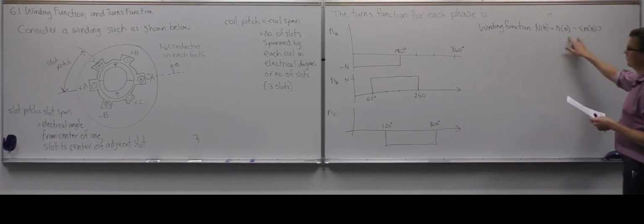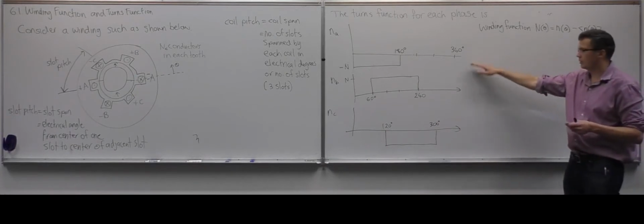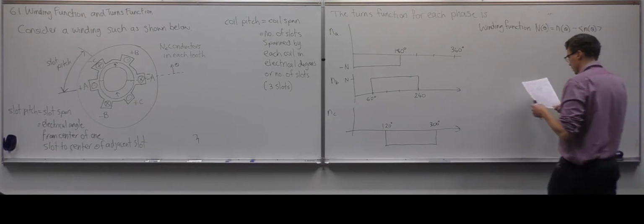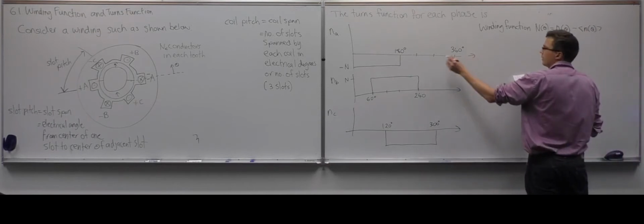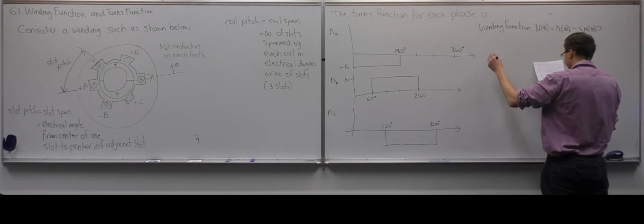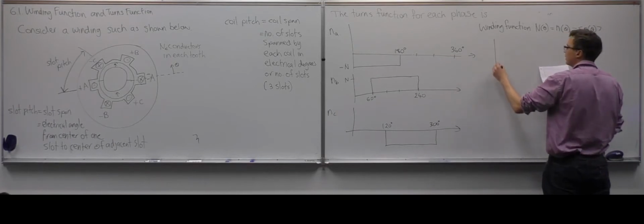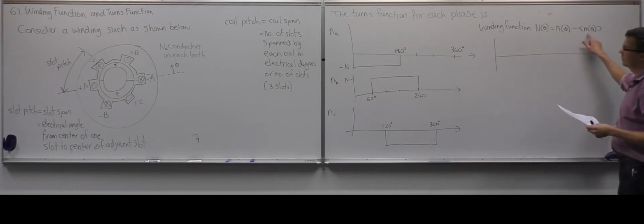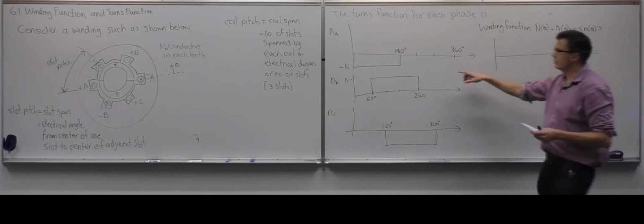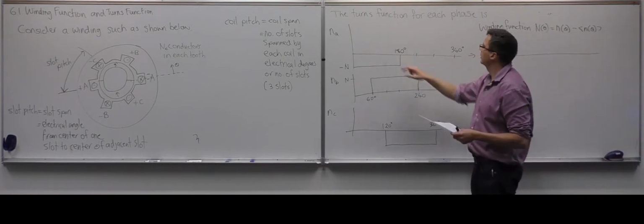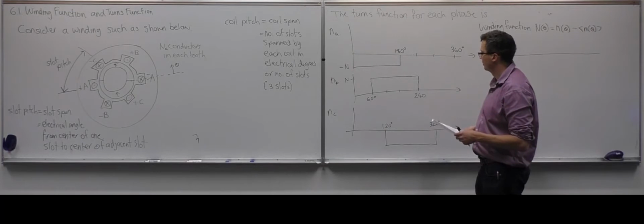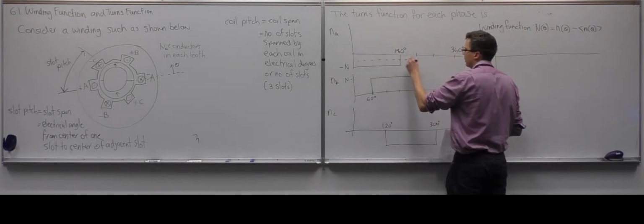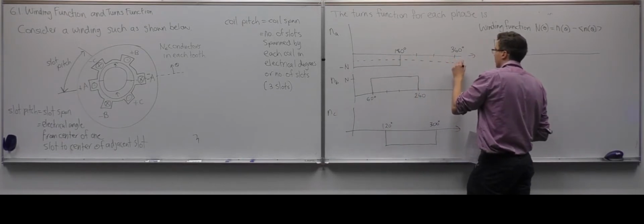So then with this definition, we can look at the three turns functions for the three phases and determine the winding function. So for the A, B, and C, we just have to subtract the average of the turns function. So what is the average of this turns function going to be? N over 2, right? So you can see this is N over 2.